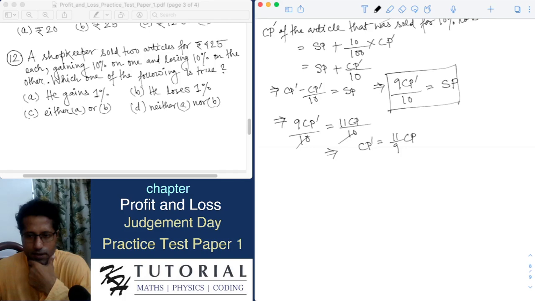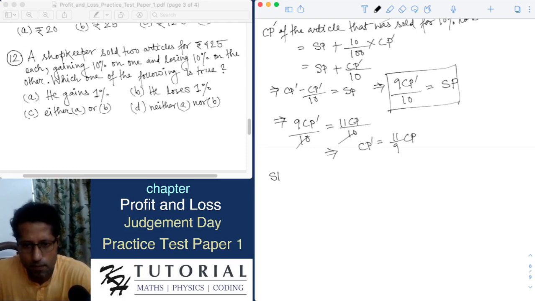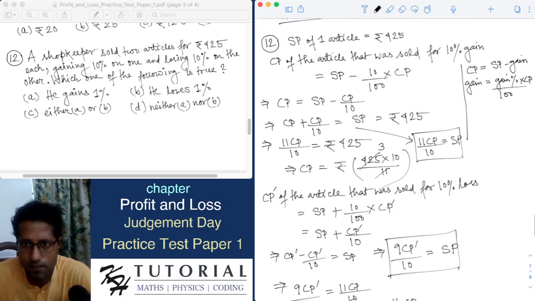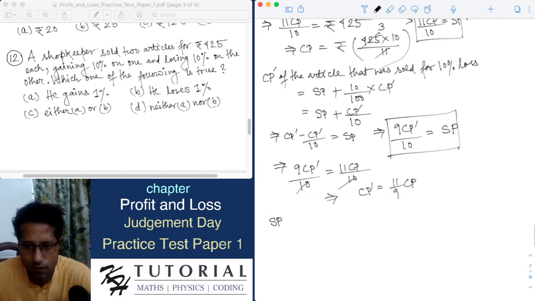Now, what is the ultimate gain or loss? We have considered the SP to be the selling price of one article, which is given to be 425.